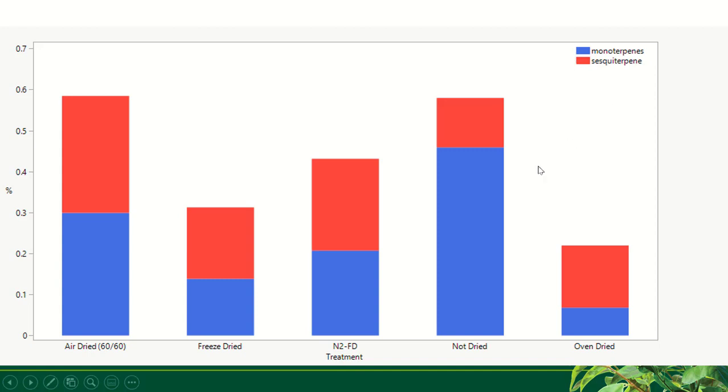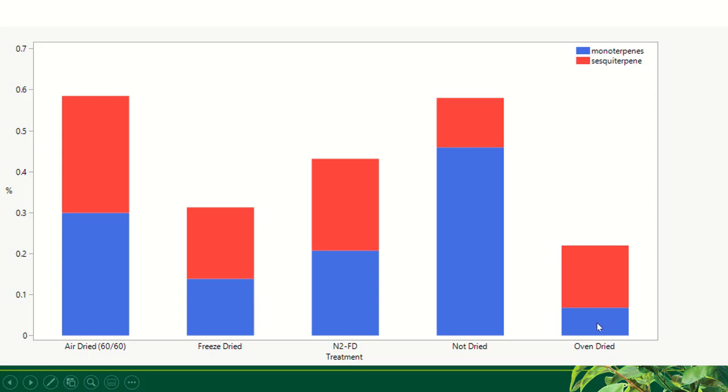Again, just one more, little bit more condensed way to look at these results. We have our monoterpenes and our sesquiterpenes. This kind of representing our control of not dried, meaning this is what was there in the plant without effect of drying. Higher in monoterpenes. Sesquiterpenes represents, what's that, less than a fourth. All right, well, let's go to the oven dried material. We've got, obviously, a lower concentration and total of terpenes, but here the dominant type of terpene is sesquiterpenes.